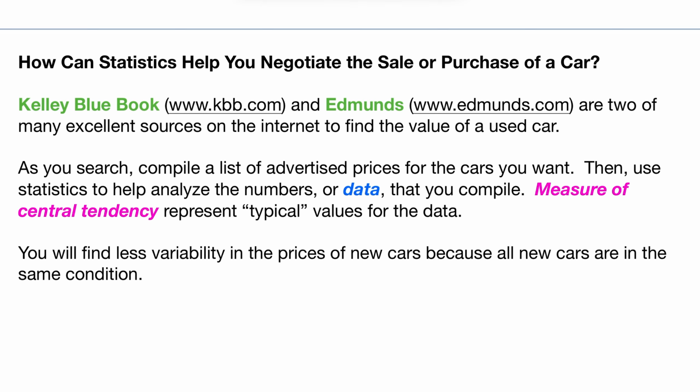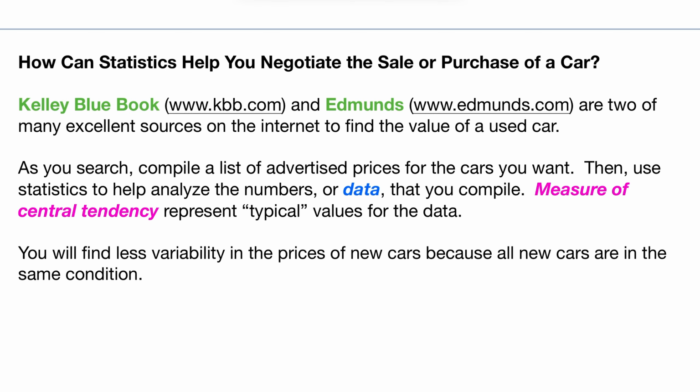Okay, the term measure of central tendency represents the quote-unquote typical values for the data. Okay, so it's important that we look for the measure of central tendency. You're going to find less variability, right? So fewer differences.